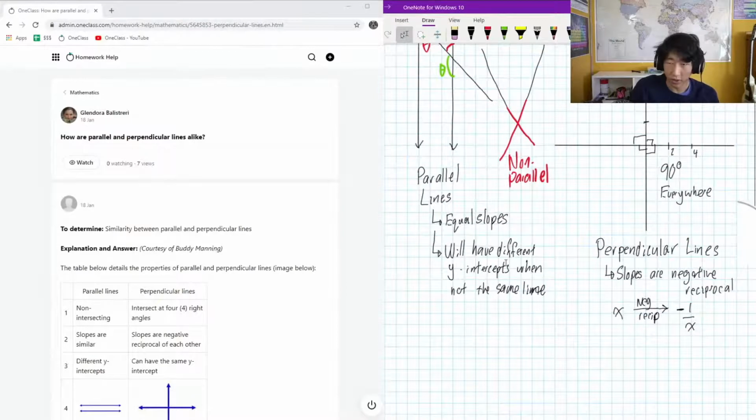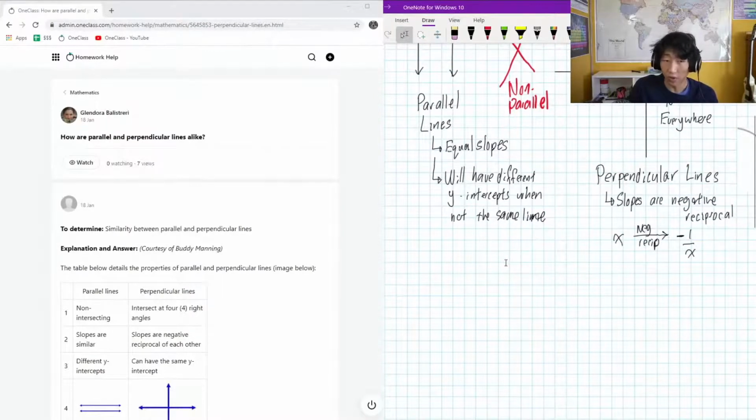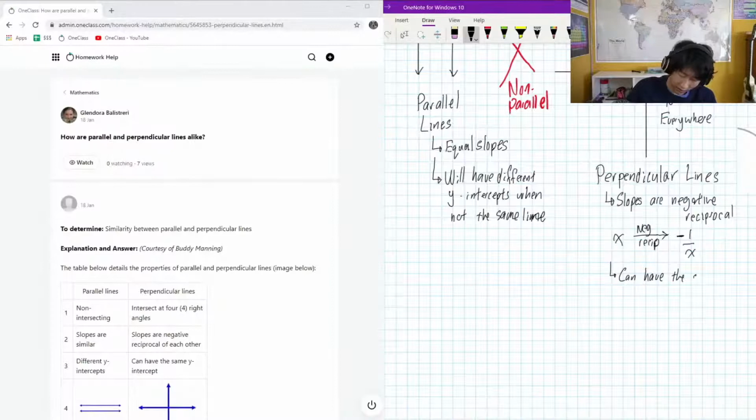And for perpendicular lines, they might have the same y-intercept, but the only way that's possible is if they intersect at x equals 0. So they can have the same y-intercept if they intersect at x equals 0.